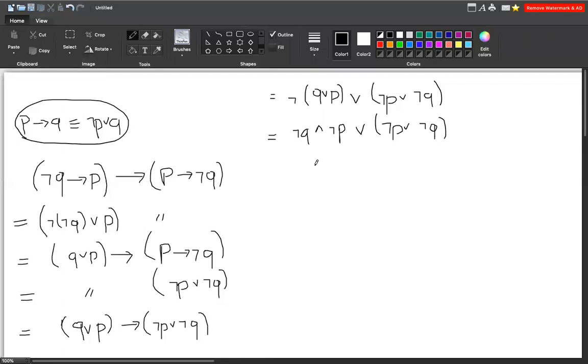Just bear with me, and then we can simplify this further down. I'm just telling you the steps. Initially I'll be doing it in a very detailed way, but later on I might not go into such detail because we have even more complex problems.